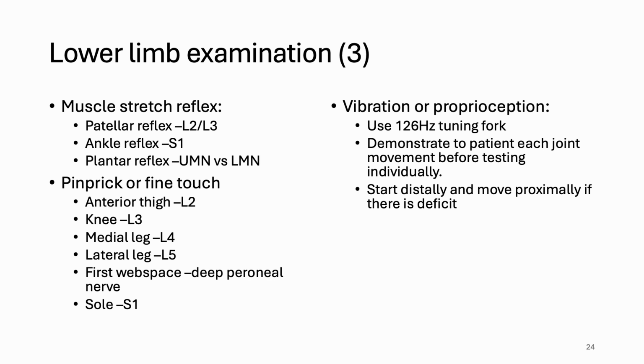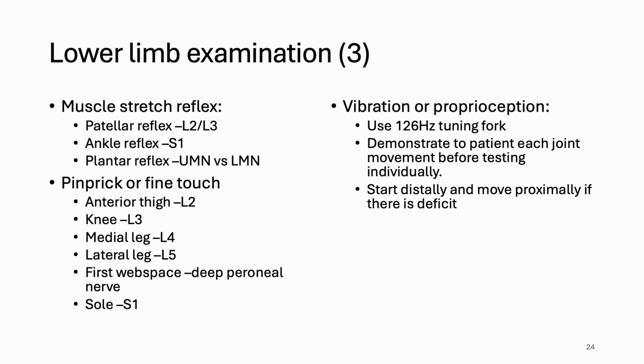Check pinprick with a neurotip and fine touch with a wisp of cotton bud at the anterior thigh, knee, medial leg, lateral leg, first web space, which is innervated by the deep peroneal nerve, and the sole. The corresponding dermatomes are stated beside the examination area.